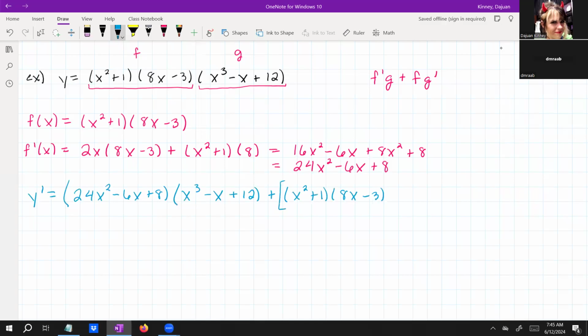I'm going to kind of block that off. Times the derivative of the second, which is our g. So I get 3x squared minus 1. So this is f prime g, f g prime.